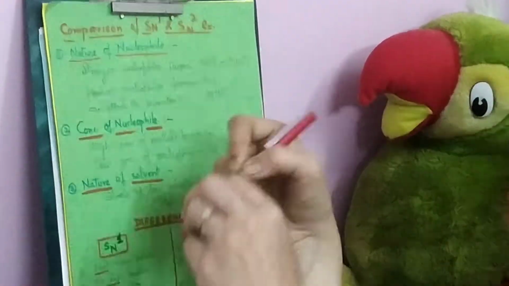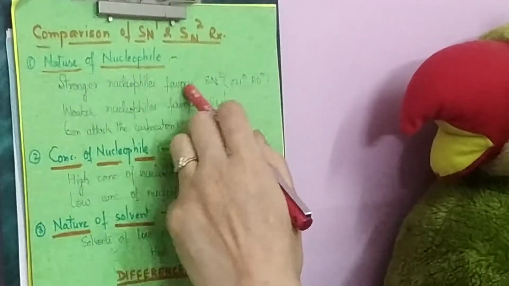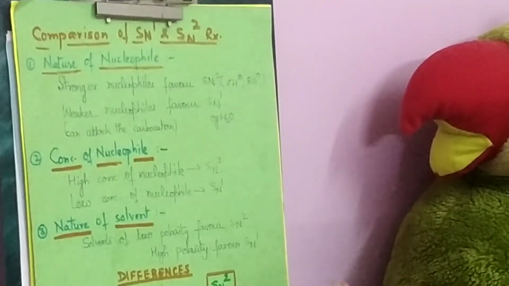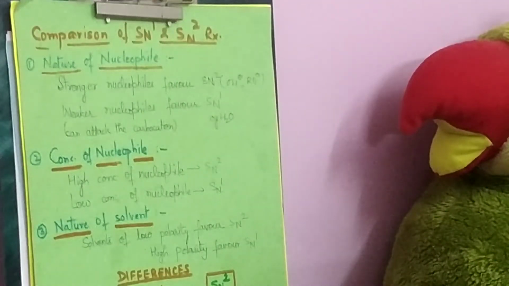Now, nature of nucleophile means that if I take a stronger nucleophile, then SN2 reaction will be favored. Stronger nucleophiles are, say, cyanide ions or OH negative ion or RO negative ion.